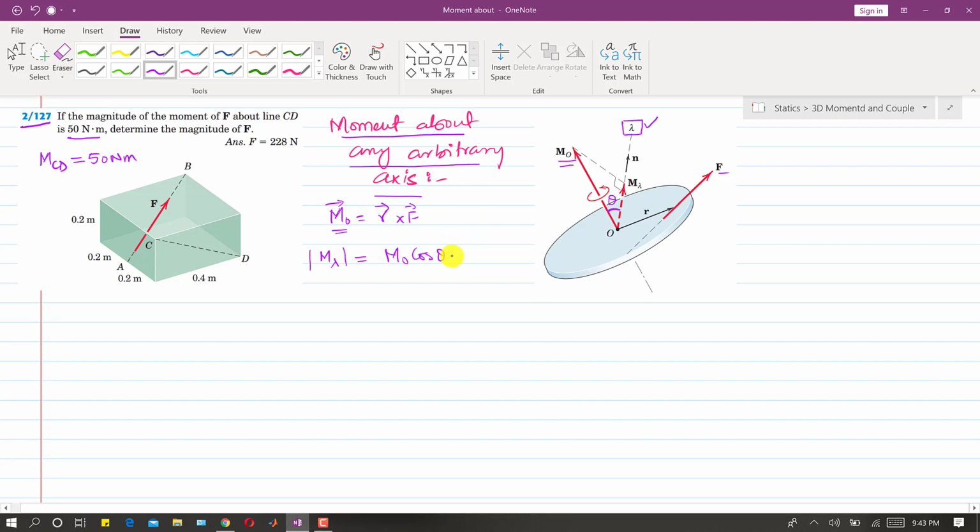And what will be the direction of that? The direction will be n, which is the unit vector. So we can write it as MO cos theta times n.